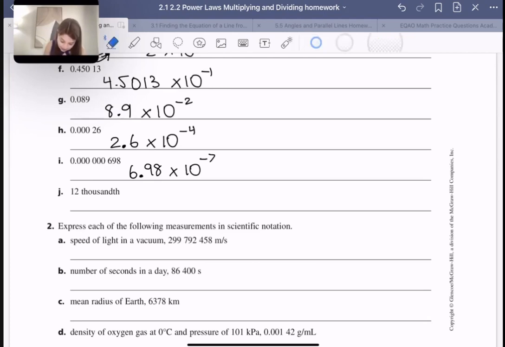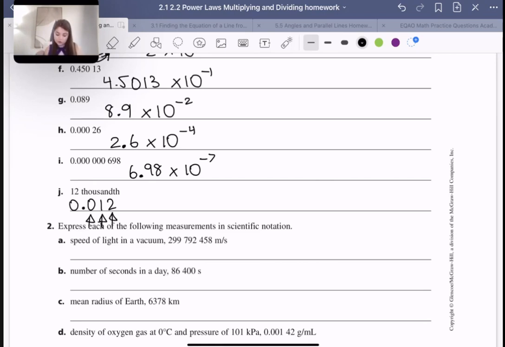And then we have 12 thousandth. So 12 thousandths is what? Well, that's going to be 0.012, right? Because this is the tenths place, this is the hundredths place, and this is the thousandths place.